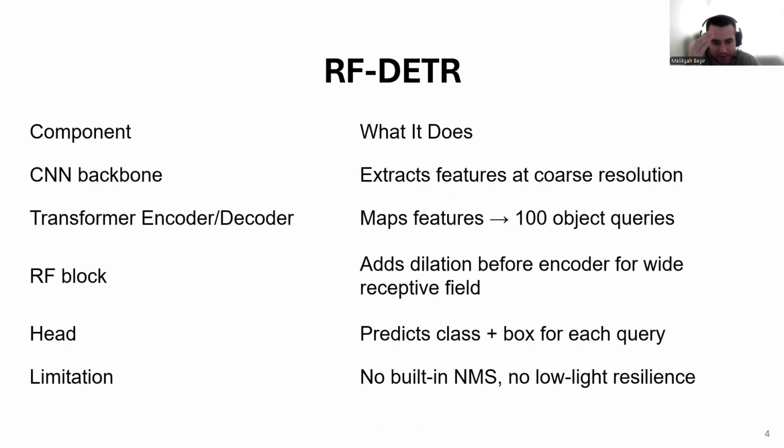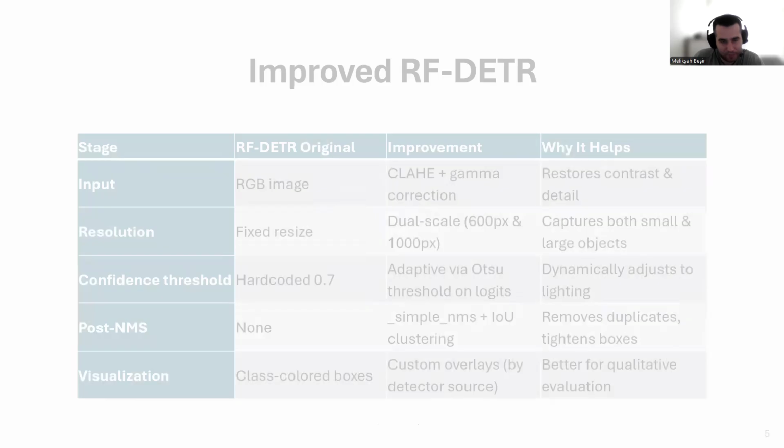RF-DETR's key innovation is adding receptive field blocks with dilated convolutions before the transformer encoder. This expands the receptive field without increasing the computational cost, which should help with small and occluded objects. It's pre-trained on COCO with 80 categories and works out of the box.